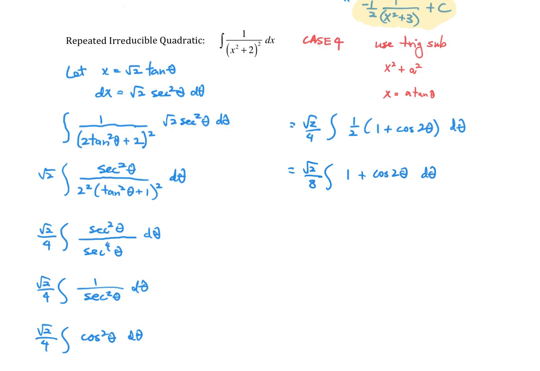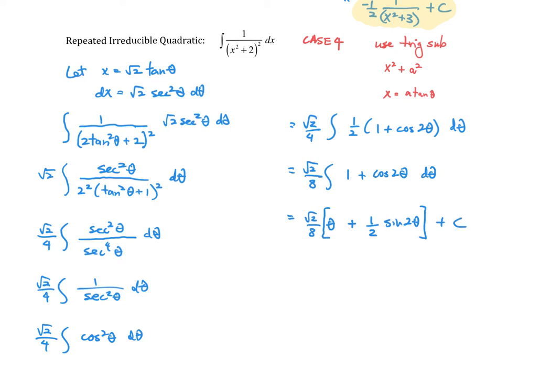Okay. So I realize this video is running a little bit long, so let's just cut to the chase here. This will be rad 2 over 8. The antiderivative of 1 is theta. We could do the u substitution in our heads, and we're going to get plus a 1/2 coming out in front, and then you're going to have sine of 2 theta. Okay, we should put parentheses around this whole thing because that's the antiderivative of the integral. And then we're going to have plus c like this.